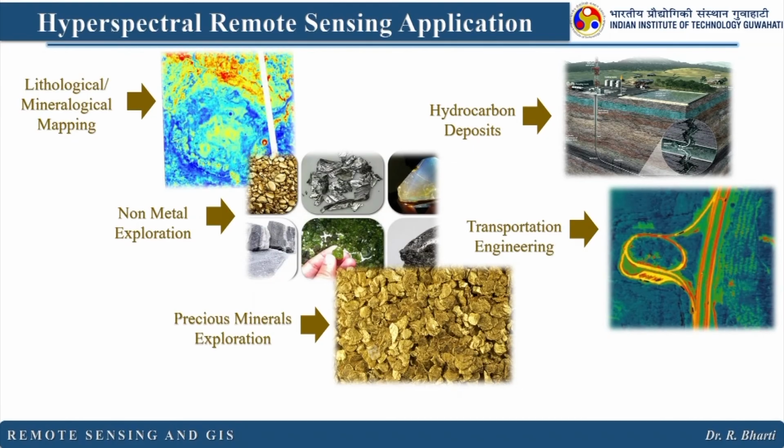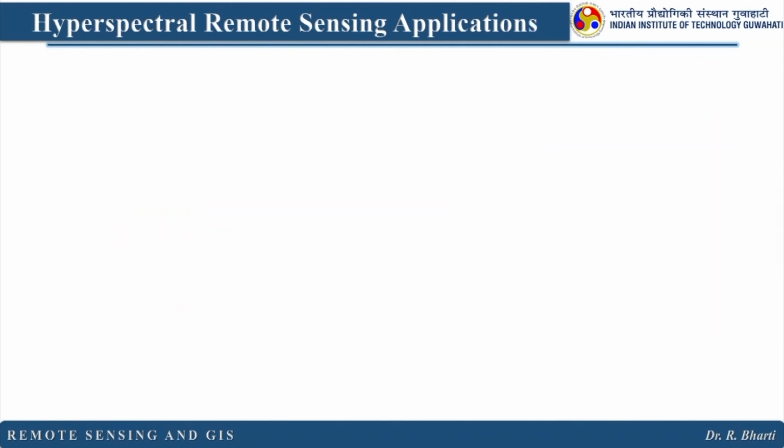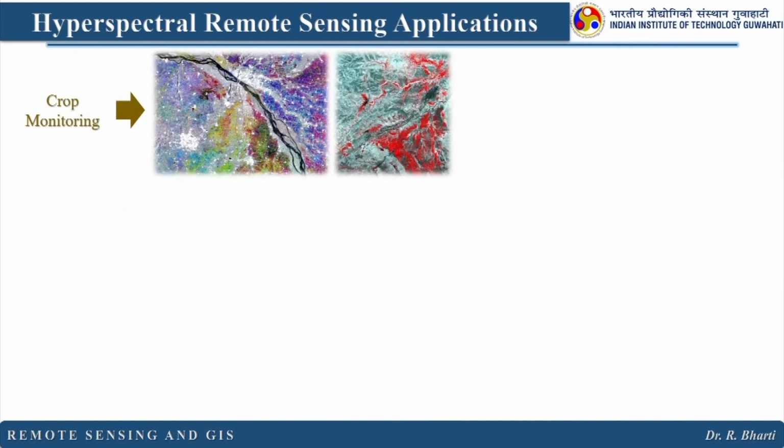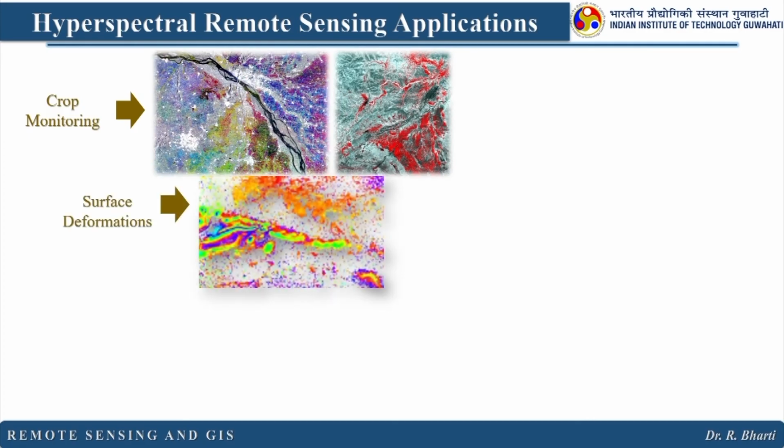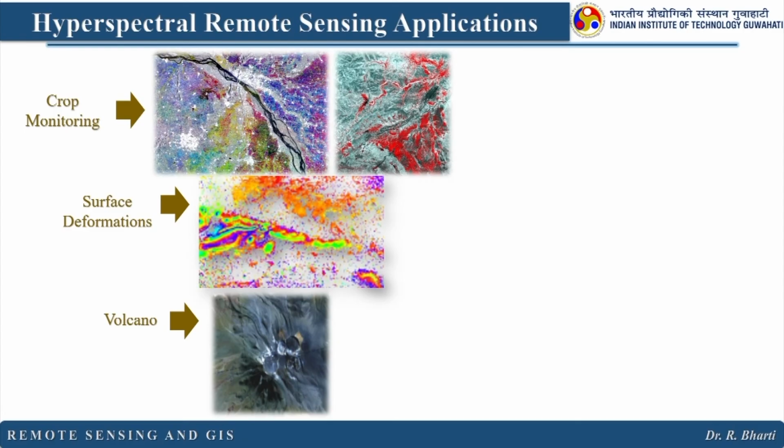Then transportation engineering, you can easily identify which vehicle has been parked since maybe one week or which is parked just now, and what the road condition is. Those information you can derive from hyperspectral remote sensing. Then crop monitoring, surface deformation, then volcano, whether it is active or inactive, what is the stage of this volcano, right?